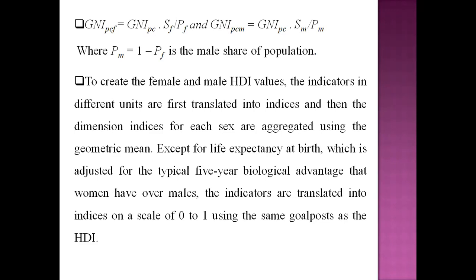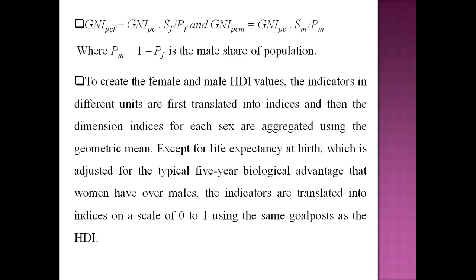So step two is the step where we will normalize the indicators to create the female and male HDI values. The indicators in different units are first translated into indexes, similar to the Human Development Index. And then the dimension index for each sex are aggregated using the geometric mean.